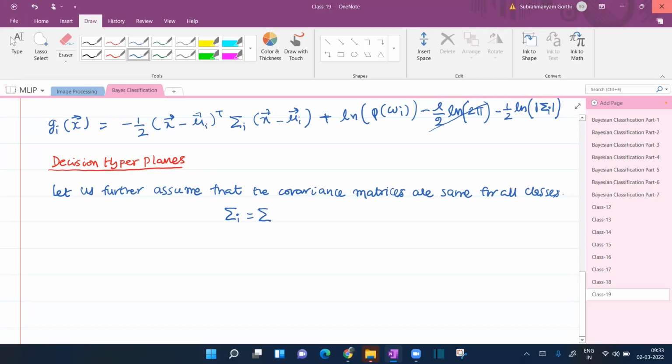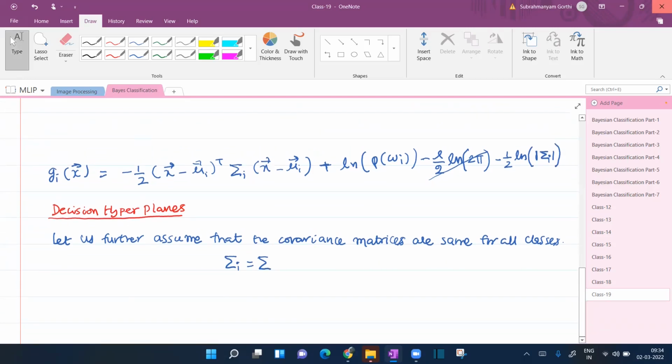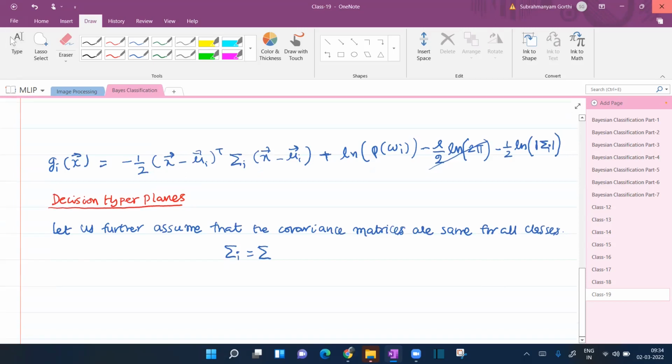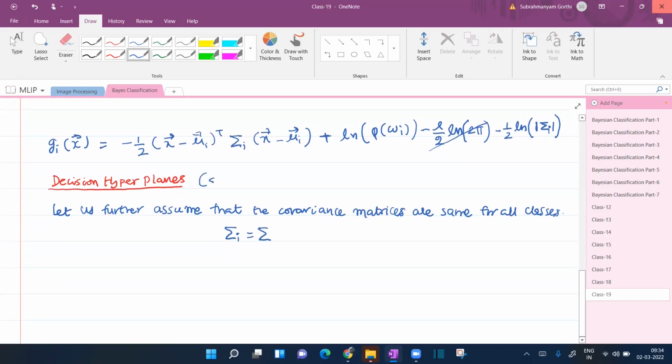I could write it that way, because it is now independent of whatever class I have. This is a very special case we are going to discuss, because this might not happen in all situations.